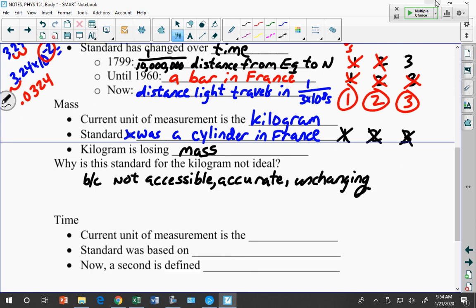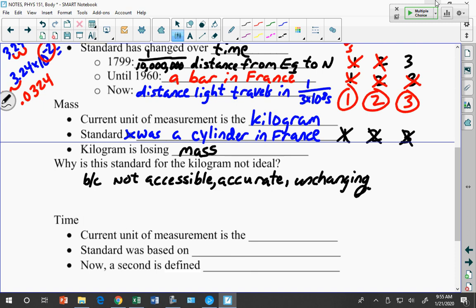And you might say, a sphere of silicon, how is that different from a cylinder in France, right? But it was different because they were creating the sphere that had the same mass as the cylinder, and then they were counting the number of atoms inside of that sphere. And then the standard for the kilogram wouldn't be the sphere, it would be the number of silicon atoms in a kilogram.